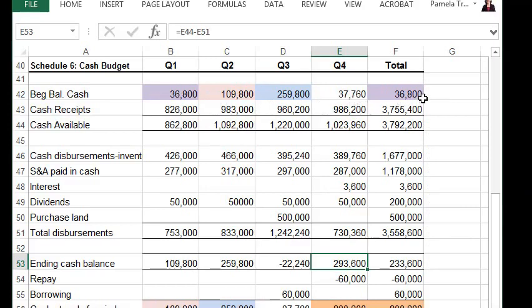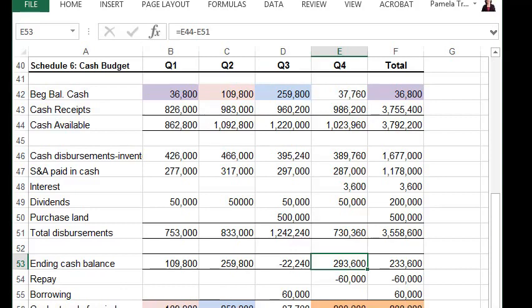Again, think of this total column as the budget for the year. So this would be the beginning balance in cash at the beginning of the year. The ending balance in cash needs to be the balance at December 31st, year 4. That comes from quarter 4.